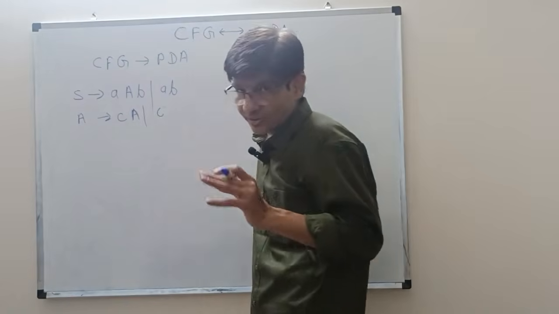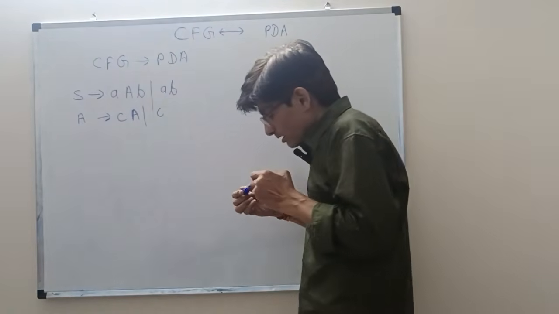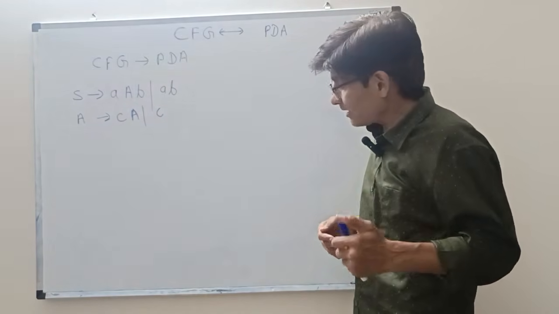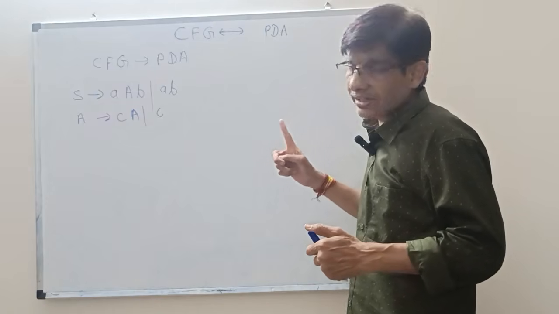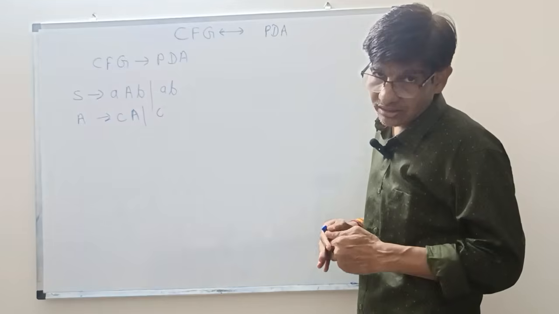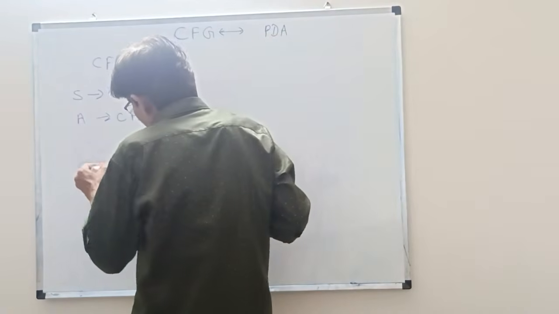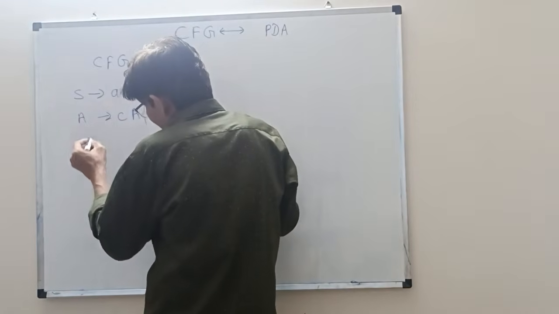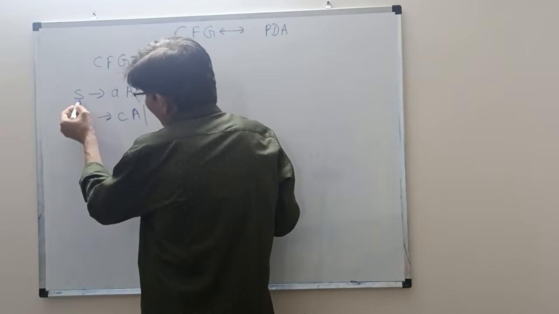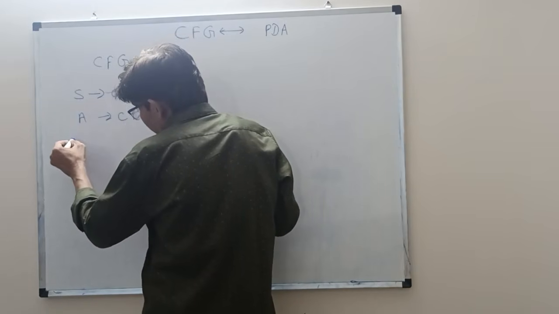And if we have any terminal on the stack top, then we will consume one input and work according to the transition. Now I will tell you how to write productions for this. For all productions I will write some transition rules.